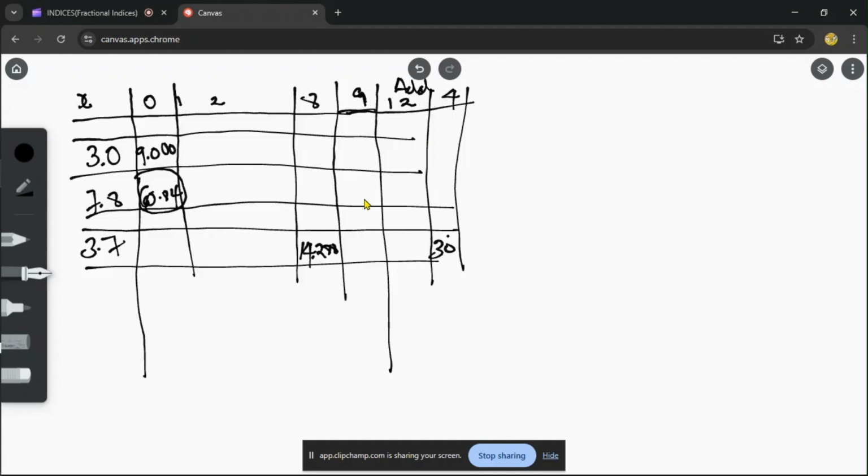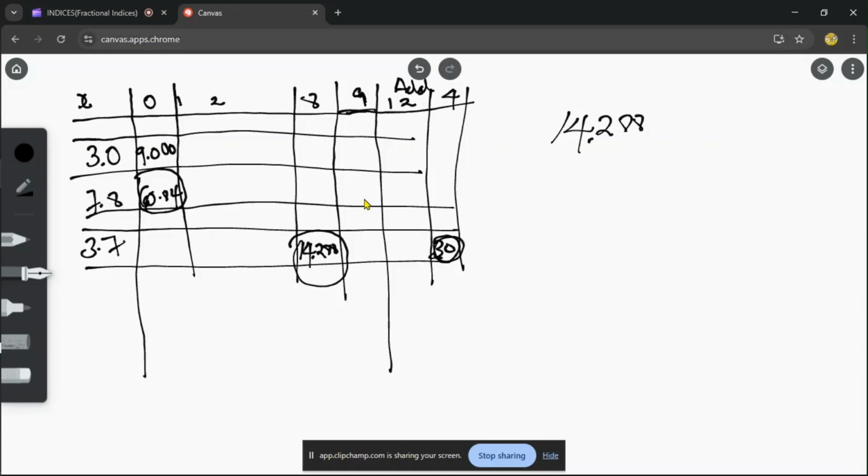It's like that. So now how do I read my answer? The answer here will be, I'll pick the value that is here, 14.288. Then this 30, whatever I get in the third column, I say this is column 1, where we are having x, then column 2, where it begins from 0 up to 9, then column 3, where it's written add here.